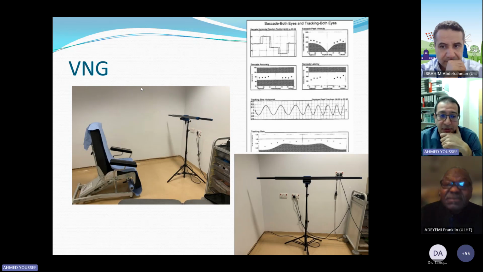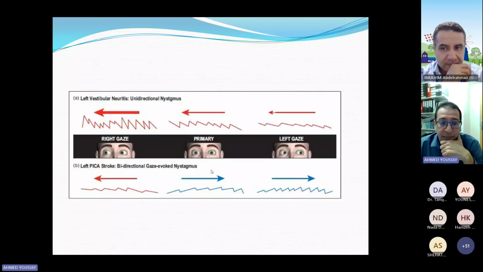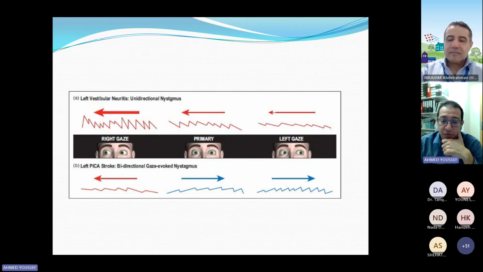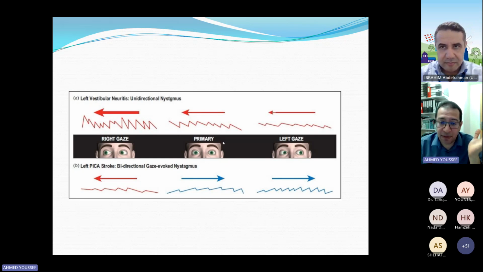And the video nystagmography assesses a few parameters. First of all, under the video goggles, the audiologist or the scientist doing the test is able to, as we said, examine for nystagmus. And as we mentioned before, we examine for nystagmus without fixation.